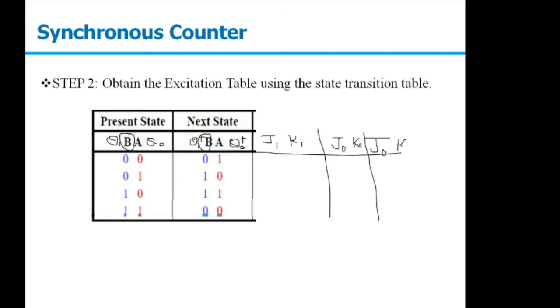What will be the value of J1 K1? 0 to 0 you can say it is a hold condition. In the hold condition, what is JK? 0 0. Second condition could be of reset, right? The next state is 0. So I can say it might be the condition of reset, that is 0 1. So I can write this J1 K1 as 0x for the first case.